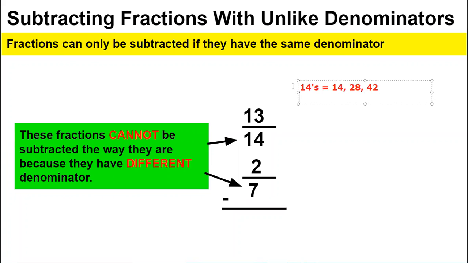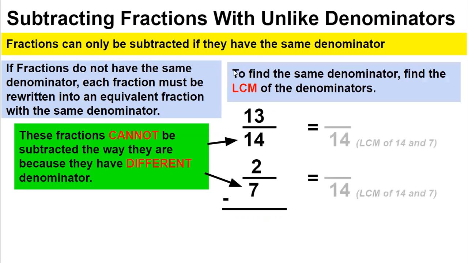I'll stop there because I already know what it's going to be. 7s are going to be 7, 14, 21. Notice how I can stop because 14 is a match. 14 is my first match. That's good because I only have to change the bottom number of one fraction. So let's clear and use 14.